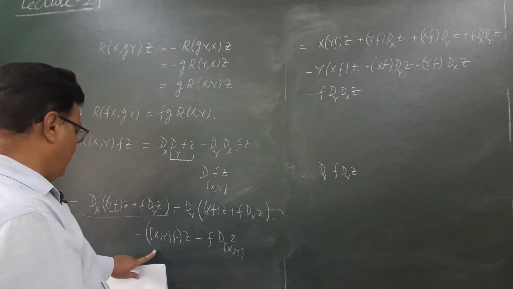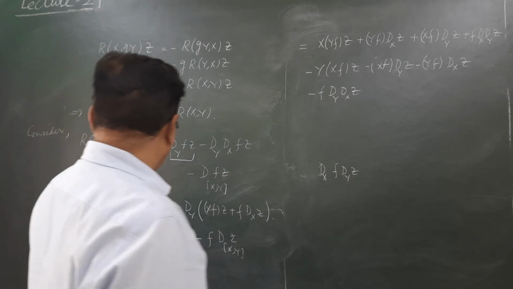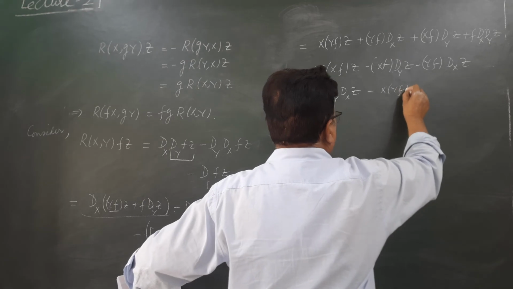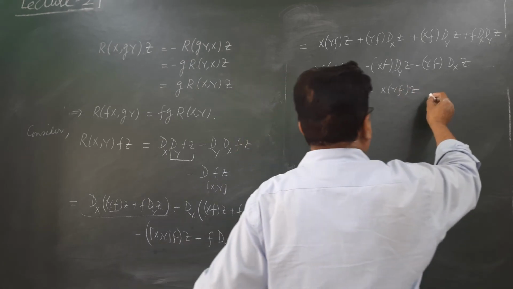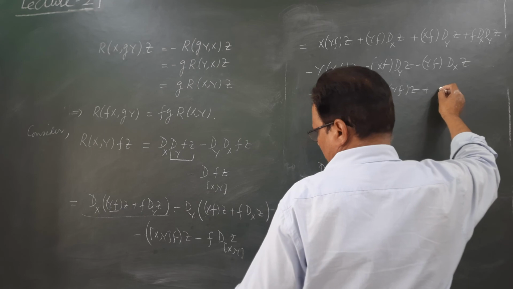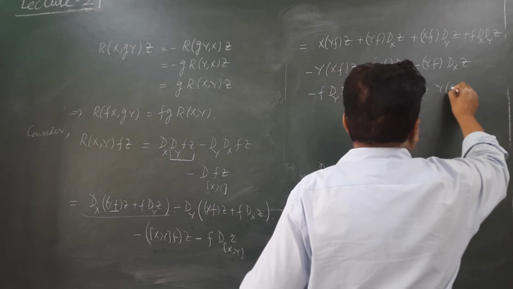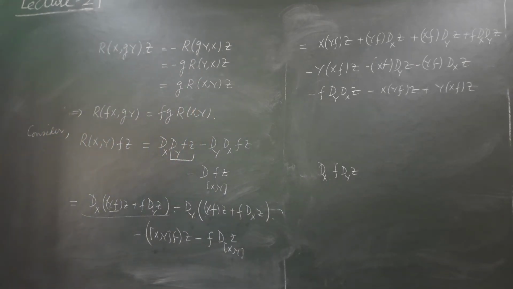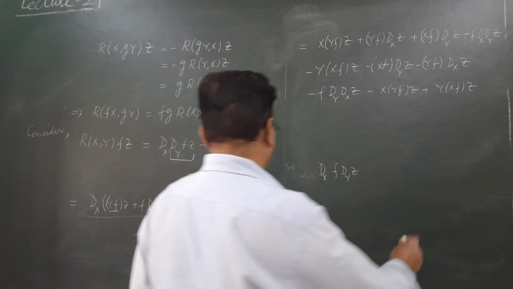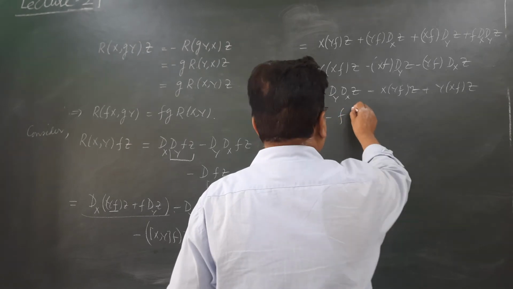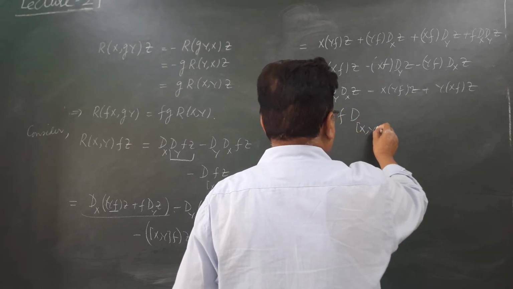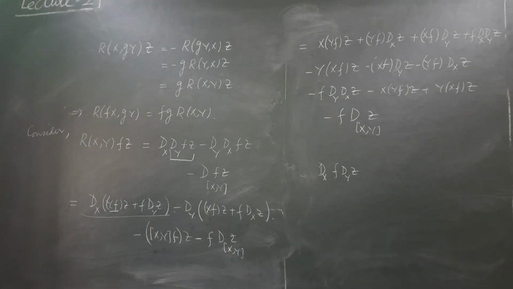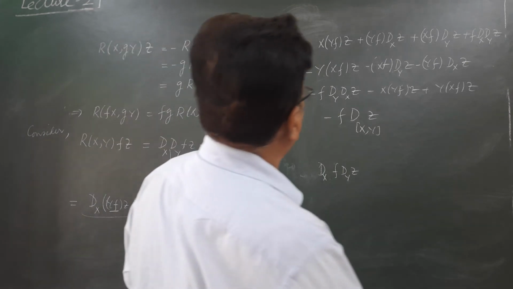Now come over here. Let me simplify this also by the formula of Lie bracket. So this is minus xy fz and minus plus yx fz. And then minus f times d of Lie bracket xyz. So all terms have been resolved. And now see which terms are cancelling.